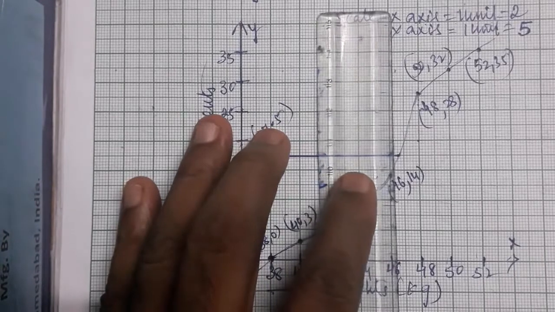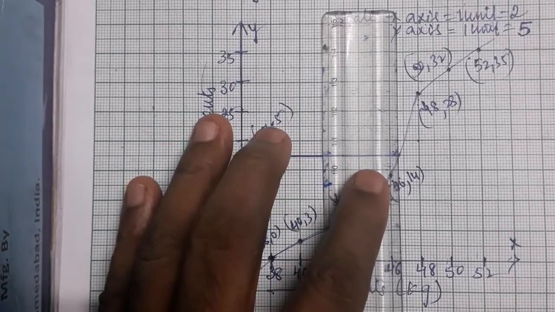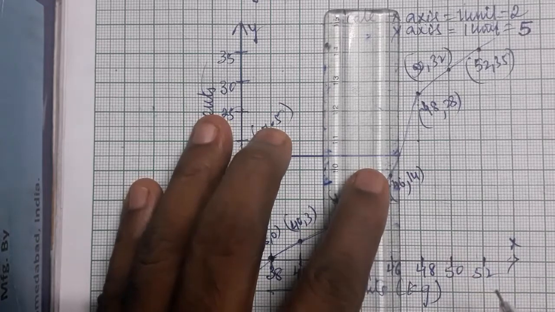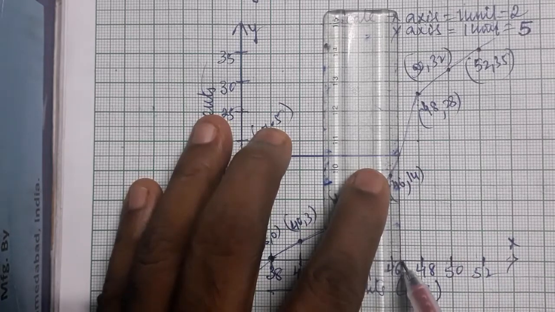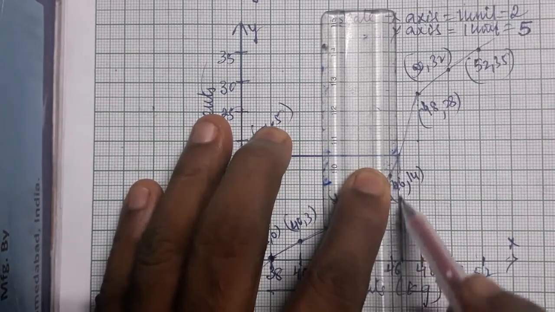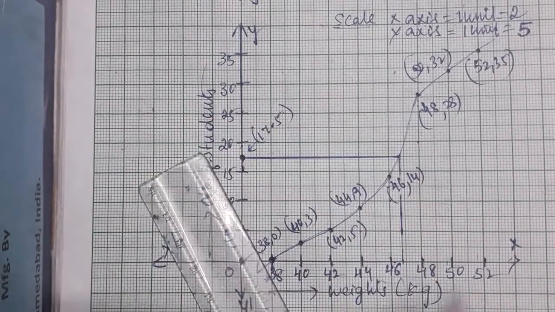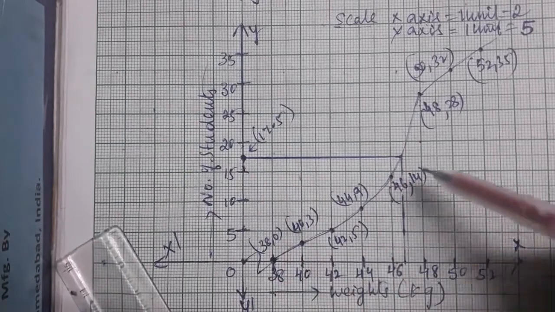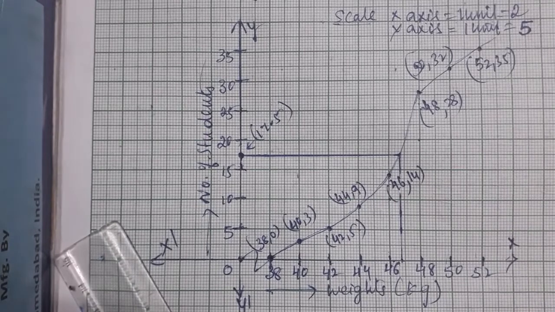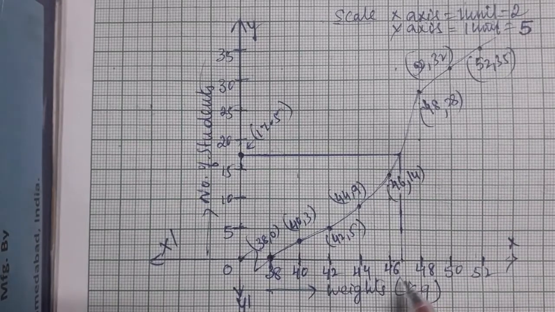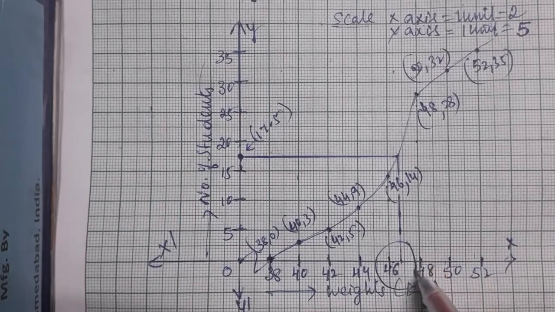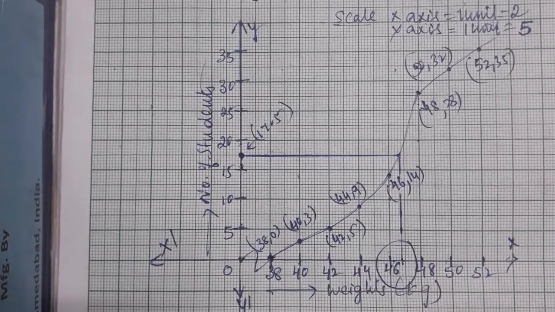Then from here you have to mark one vertical line, exactly with the help of these printed lines. Now you can notice you are getting your median here.